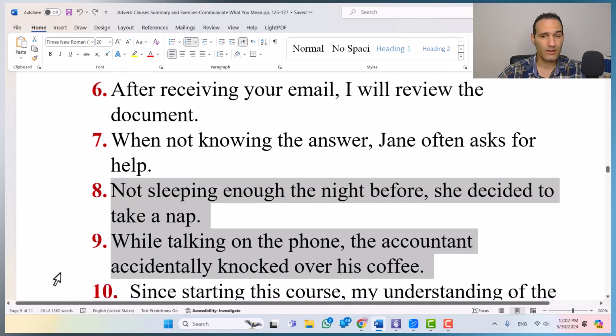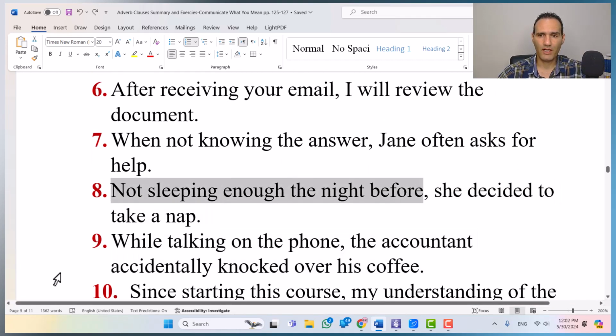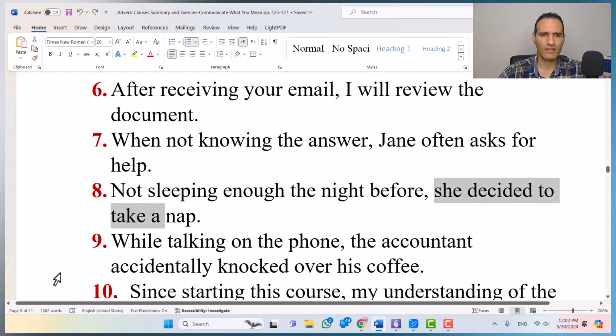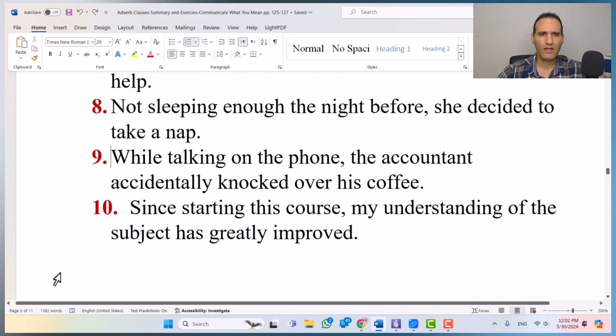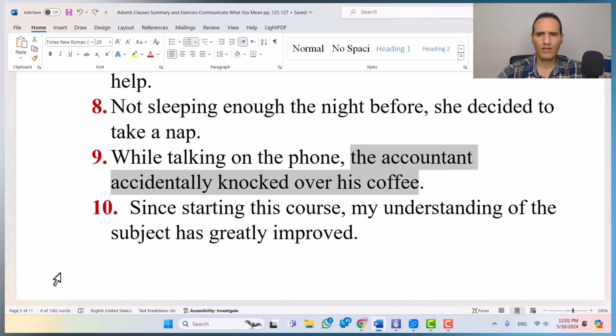Not sleeping enough the night before, she decided to take a nap. Not sleeping. Because she did not sleep enough the night before, she decided to. Number 9, while talking on the phone, the accountant accidentally knocked over his coffee.